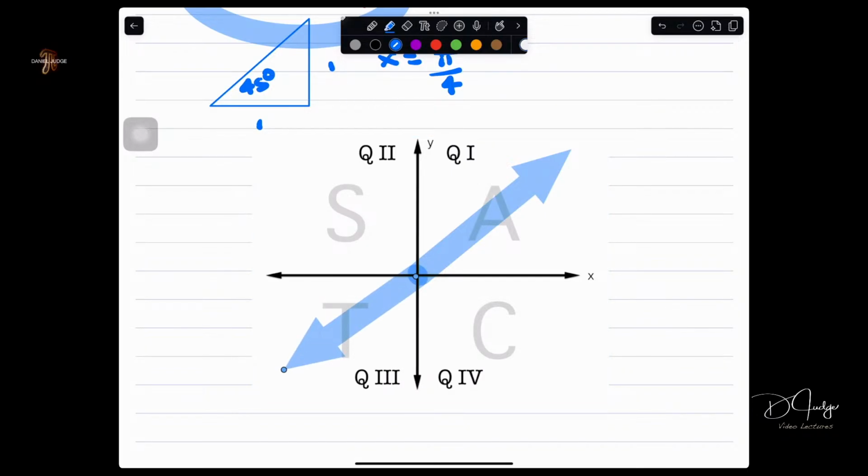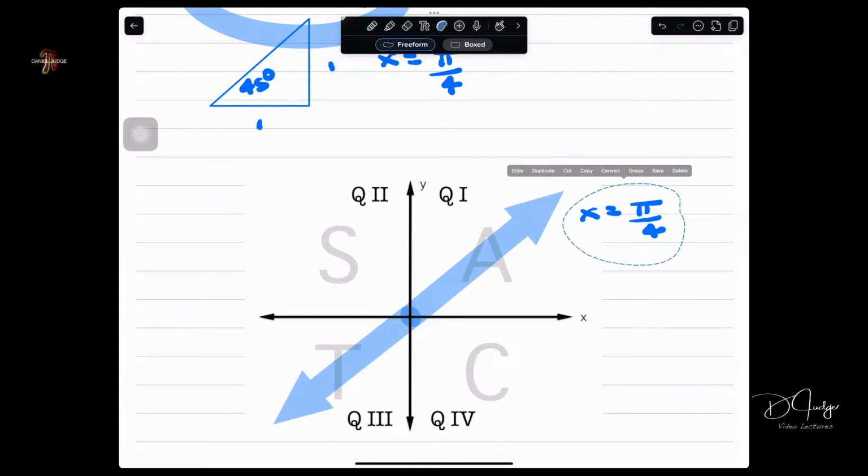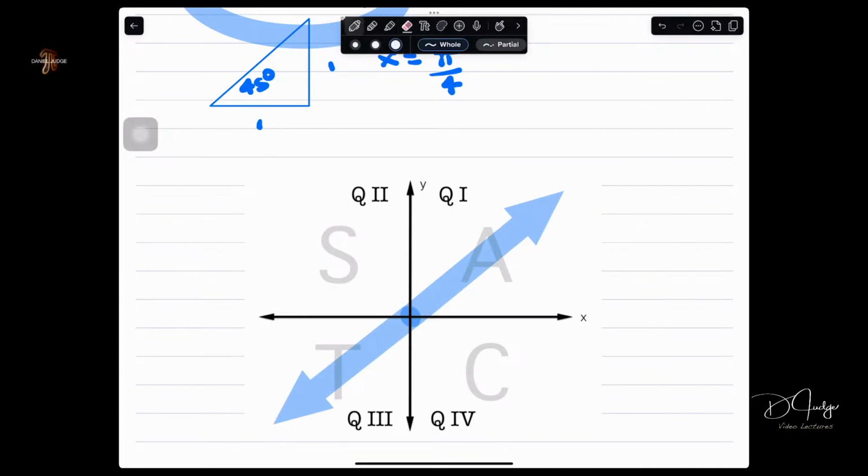So typically, what we say here for tangent being positive, that means it happens when x is pi over 4 here. Let me write it above over here. And since they're opposite quadrants, 1 and 3, this solution differs by a multiple of n pi.